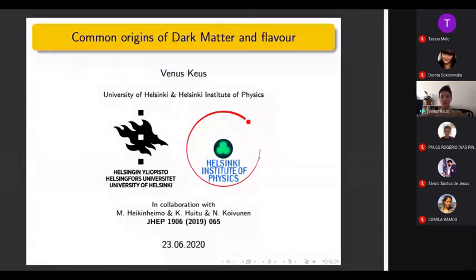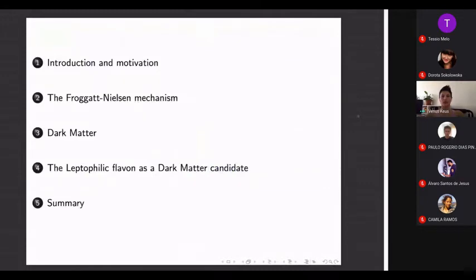Okay, so let me talk about the agenda of the talk. I'll give you a bit of motivation for why we thought this would be an interesting direction to go. Then I'll tell you about this particle physics mechanism that I mentioned, the Froggatt-Nielsen mechanism, that was put together in the late 60s to give some sort of explanation for the mass hierarchy.